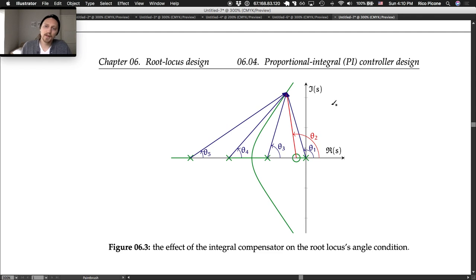If you just drop in a pole, the integrator at the origin, and we were to redraw the root locus, notice how significantly this changes things. You'd have no locus, locus now up to here, no locus here, and then locus again, and then no locus out here. So completely different.